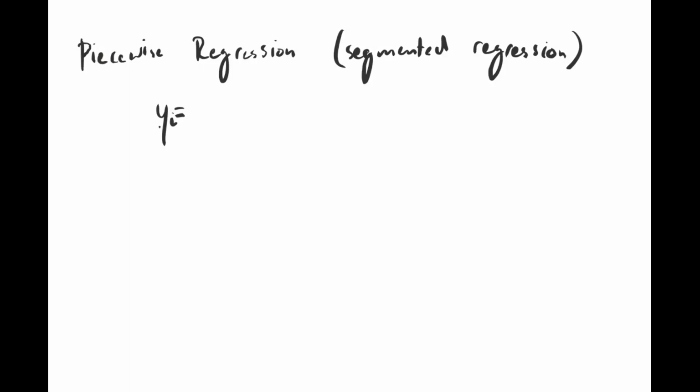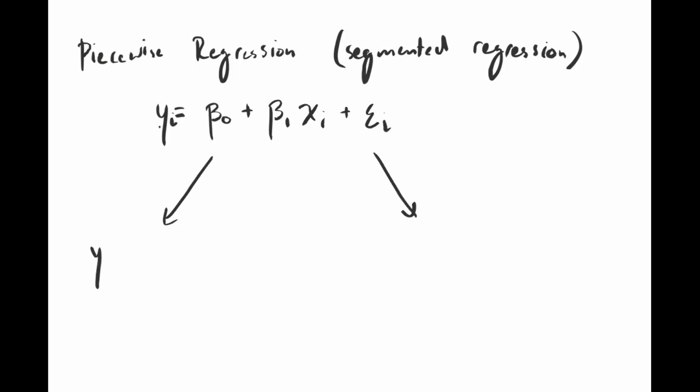Piecewise regression is also pretty straightforward. This is our regular model, and this just gets split up where now you have two portions. Actually, maybe I'll use a different parameter here just so it's not confusing.